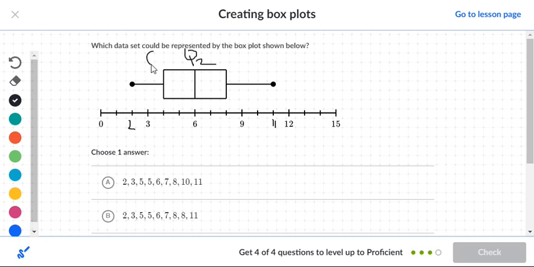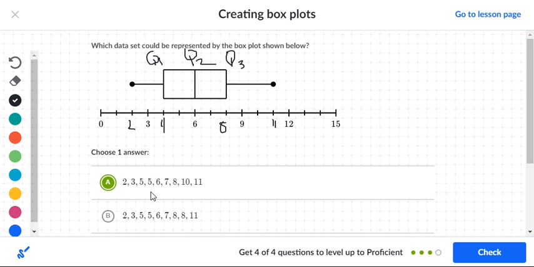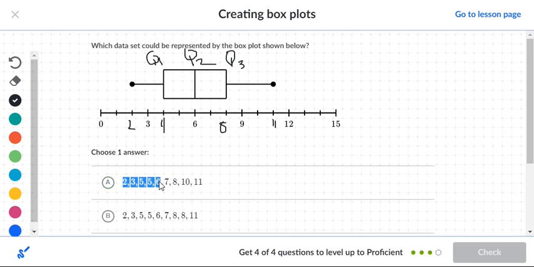So let's look at quartile 1. Quartile 1 is right after 3, so quartile 1 is 4. And quartile 3 is right in front of 9, so it's 8. So if we take the middle number out, the 6, let's see if we get the right answer.